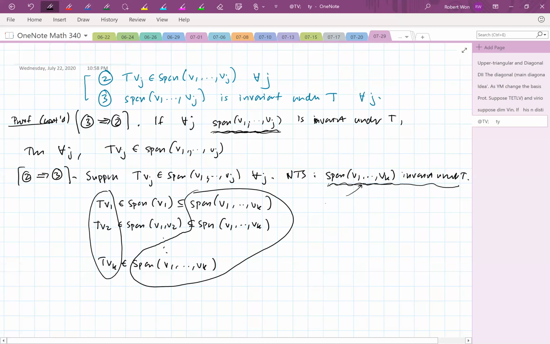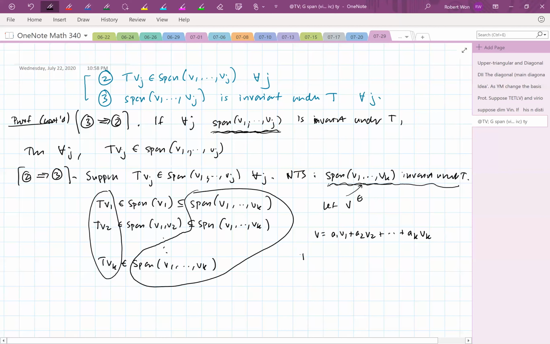So now let V be a vector, any vector you want in this subspace that we're trying to show is invariant. So let V be any vector in here. Then V is A1 V1 plus A2 V2 up through AK VK, because it's in the span of those things.